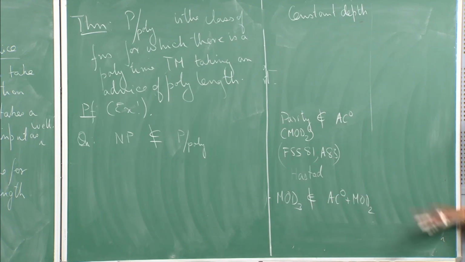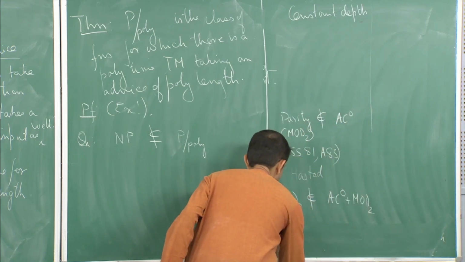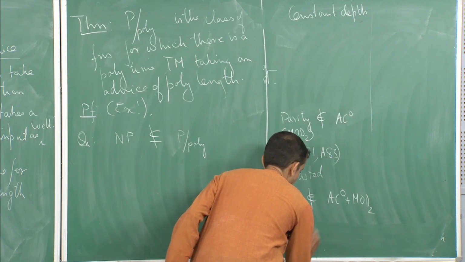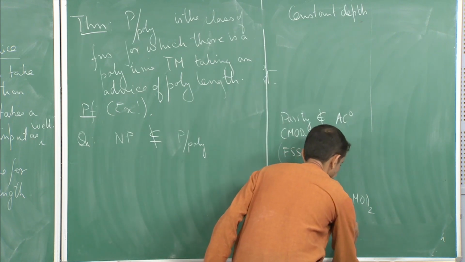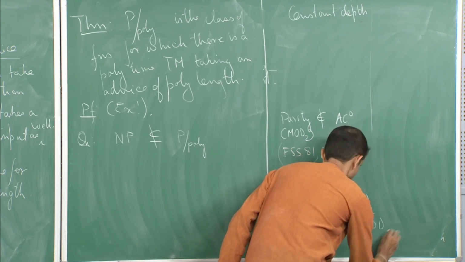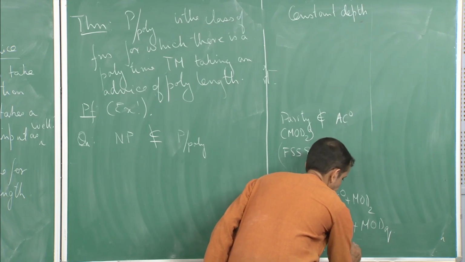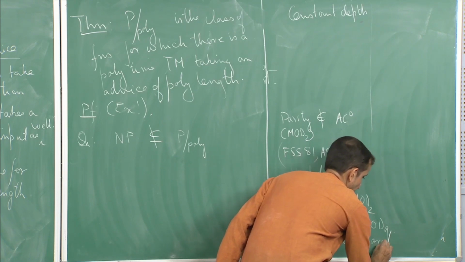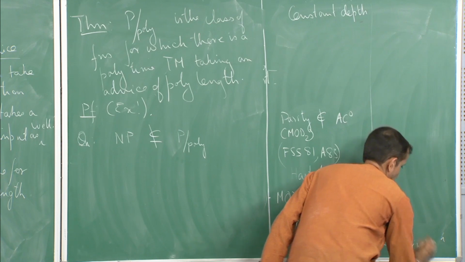And Smolensky generalized this and showed that if I want to compute some mod P, this is not possible with AC0 circuits plus some mod Q gate, where P and Q are co-prime.